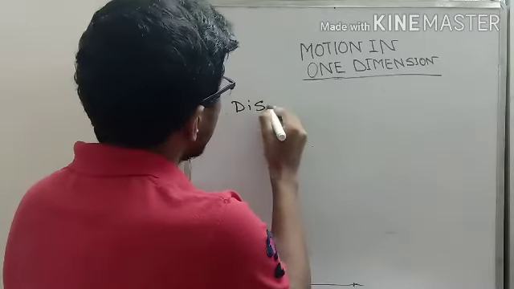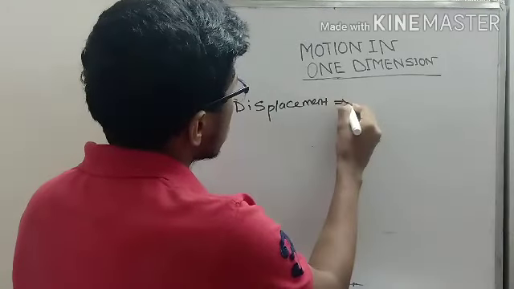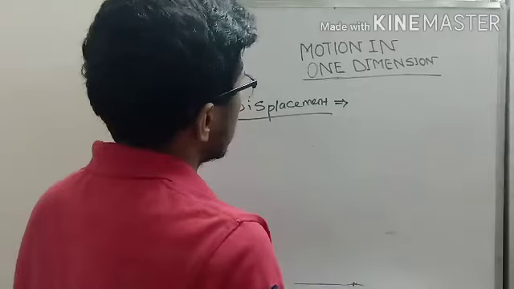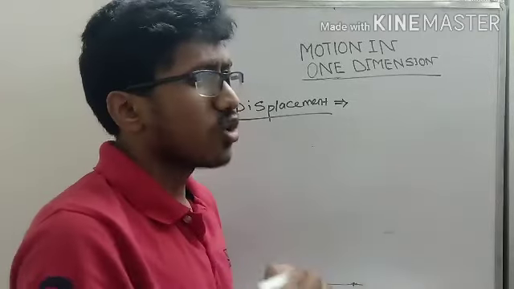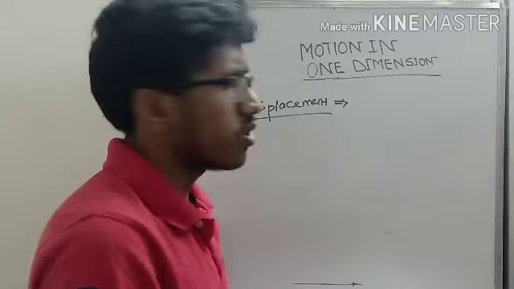Second is displacement. What is displacement? The shortest distance between the initial and final position is called displacement.